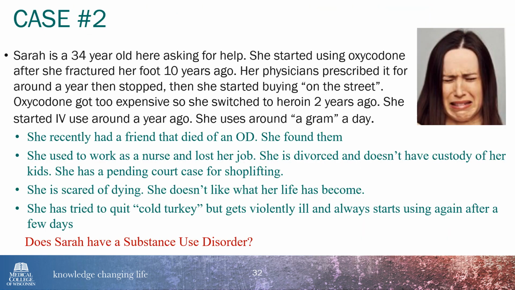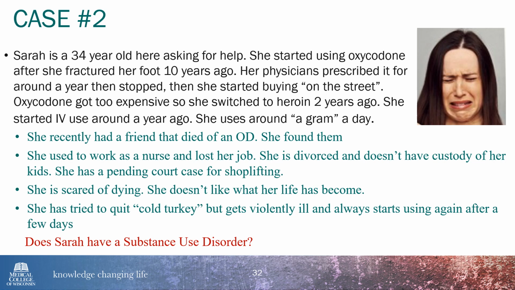So next we're going to discuss a more typical case of a patient with an opioid use disorder. So our patient Sarah is a 34-year-old woman that comes in asking for help. She started using oxycodone after a fracture 10 years ago. Her physicians prescribed it for around a year and then they stopped. And she didn't stop. She started buying the drug on the street.